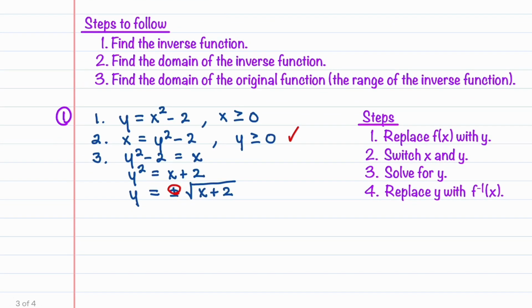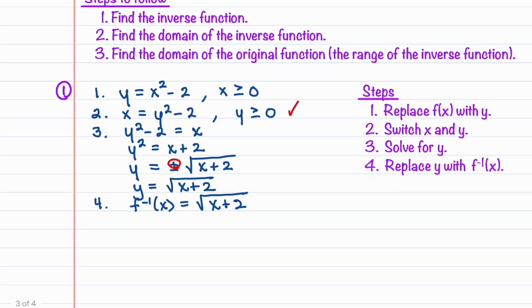So let's rewrite this, and let's say that y is just the square root of x plus 2. Now we can go on to step 4, which is just to rewrite y as f inverse of x. So we have f inverse of x is equal to the square root of x plus 2.